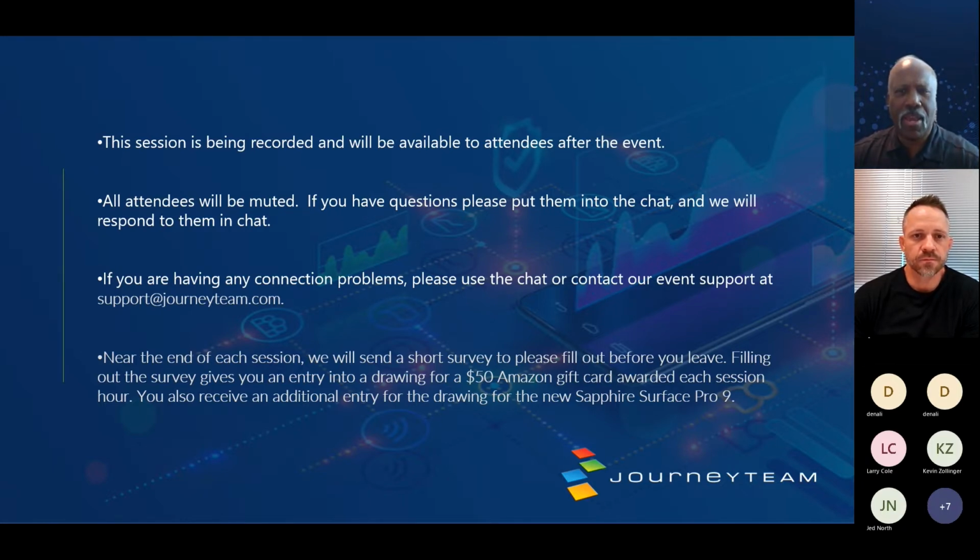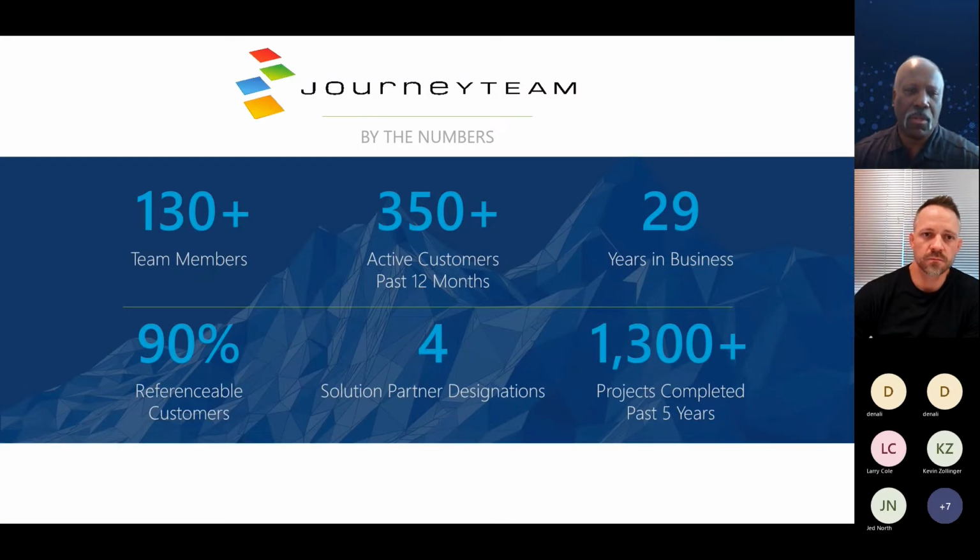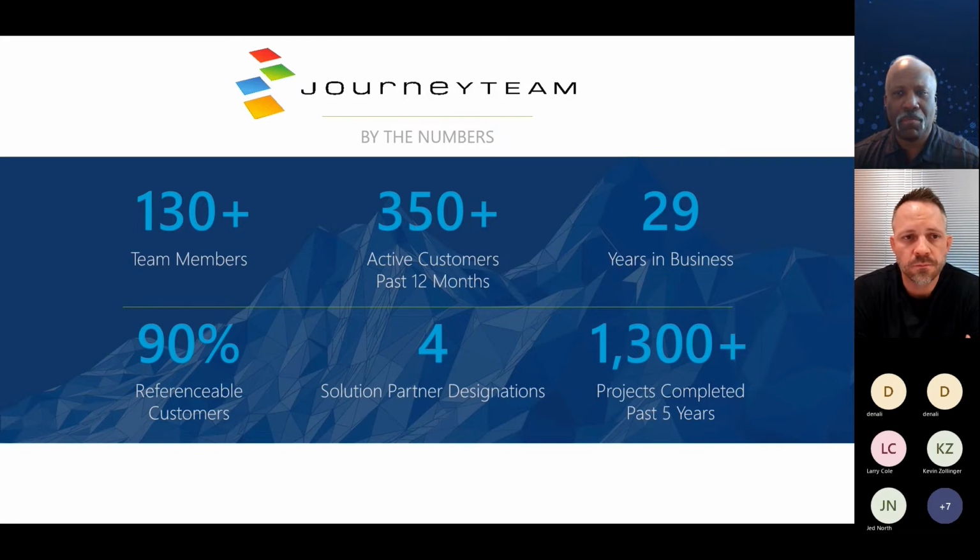So housekeeping aside, maybe we can talk a little bit about JourneyTEAM. Who the heck are we? At the top of that, a few stats about JourneyTEAM. One thing I'll add, an update, is that we are actually about 160 plus team members. We have been blessed over the last several years with some pretty substantial growth to support the clients and the projects that we've been working on.